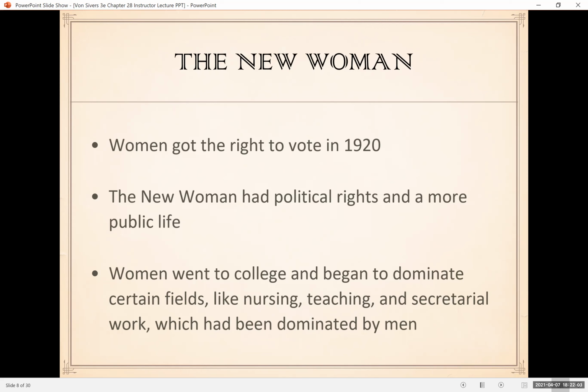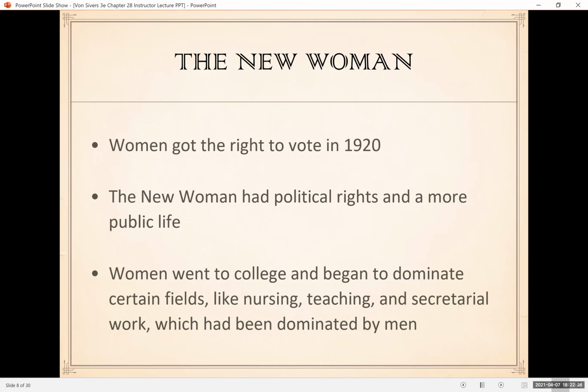Women are going to go to college, begin to get into fields such as nursing, teaching, and secretarial work. So throughout most of after World War One and throughout most of the 20th century, those were the jobs open to women: nursing, teaching, and secretarial work.